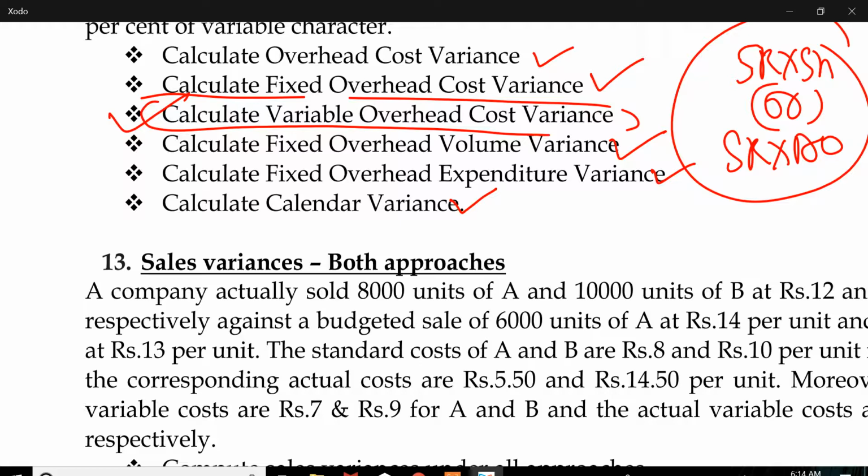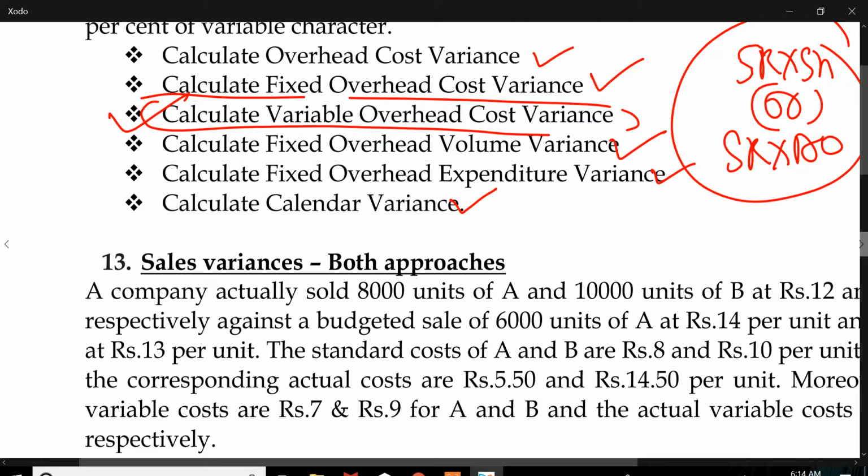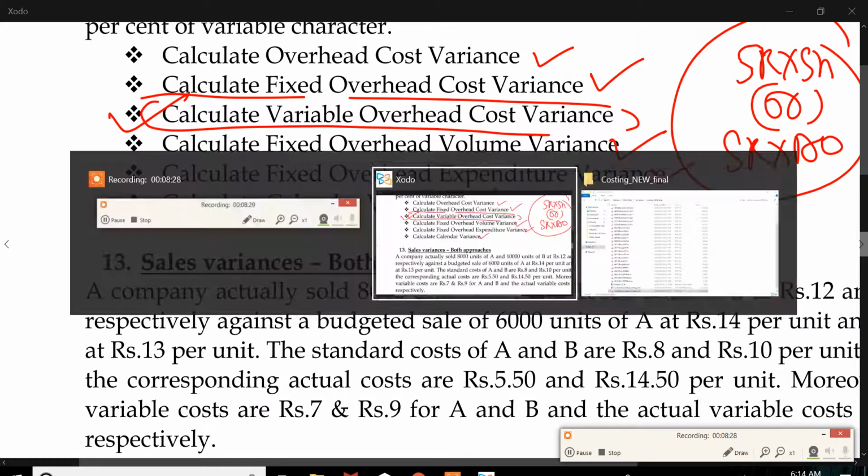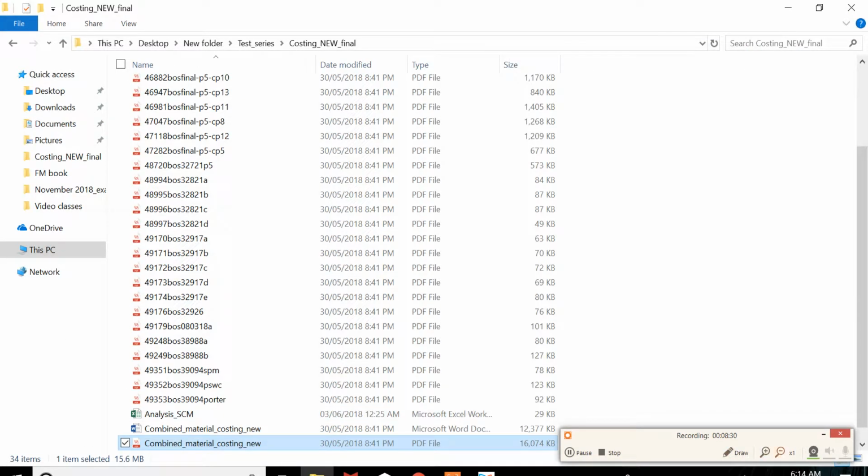Now then we'll proceed with sales variances. Till now we have done all other variances. Variable overheads, fixed overheads, everything got completed.